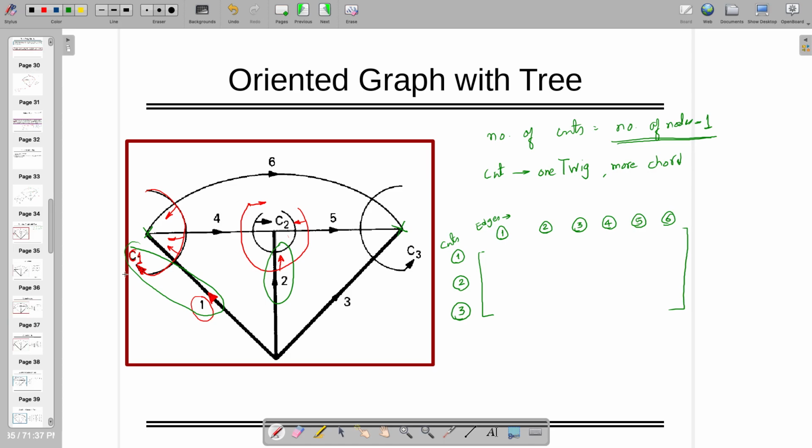For the C1 cut, can somebody help me in filling up these entries? One is positive, or one will be 1 only, right? This one, 2, 2 is not there. 3, 0, 4, minus 1, 5, 0, 6, minus 1.